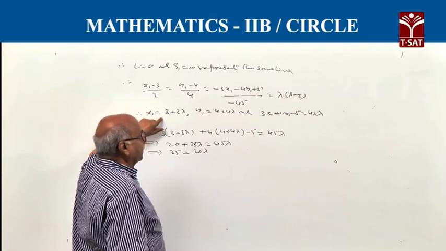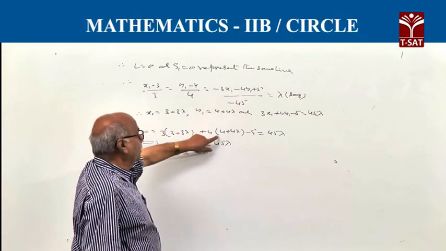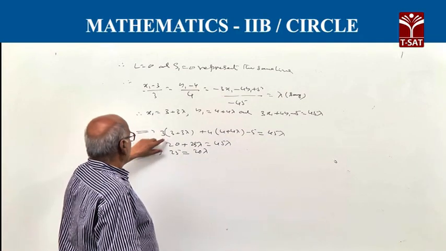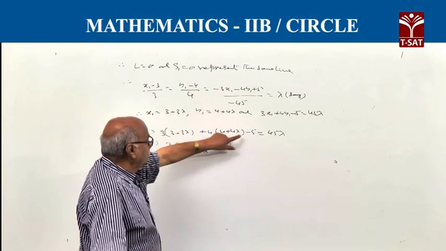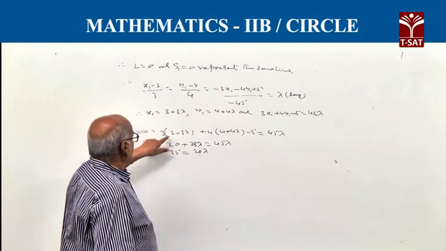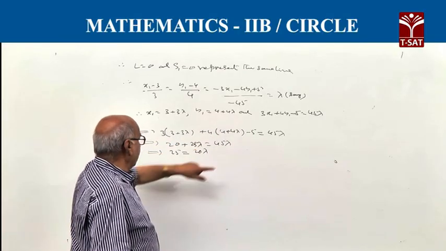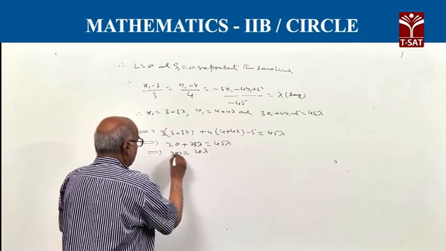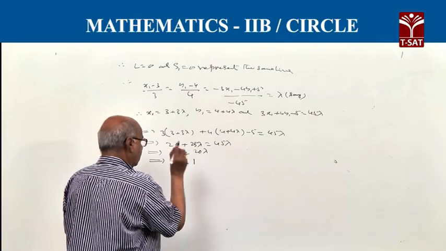Now, substitute the values of x1 and y1 in this. So, 3 into (3 plus 3 lambda) plus 4 into (4 plus 4 lambda) minus 5 is equal to 45 lambda. So, 9 plus 16, 25, minus 5, 20, and 9 lambda plus 16 lambda, 25 lambda, is equal to 45 lambda. So 20 is equal to 20 lambda, or lambda is equal to 1.